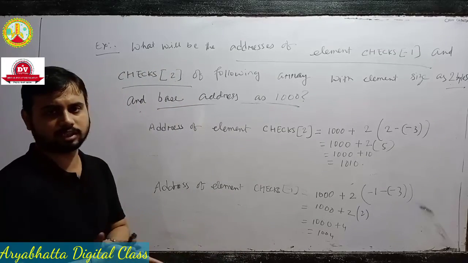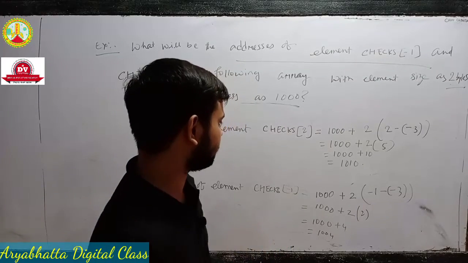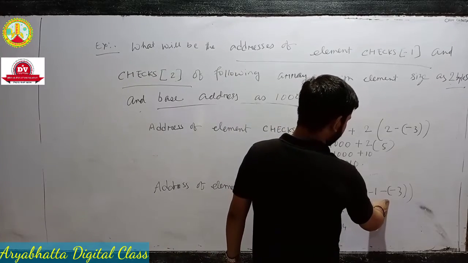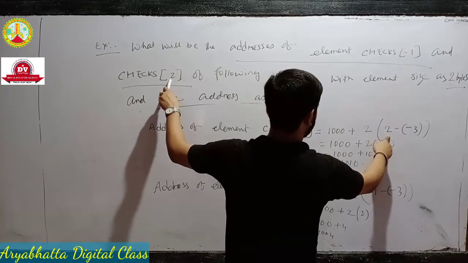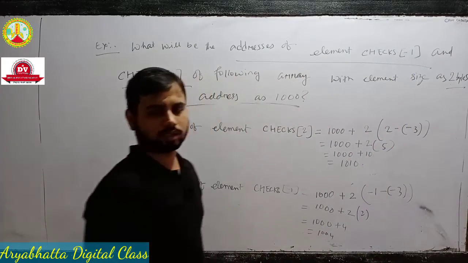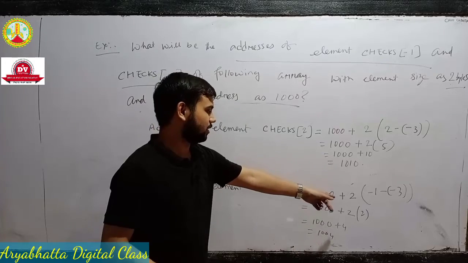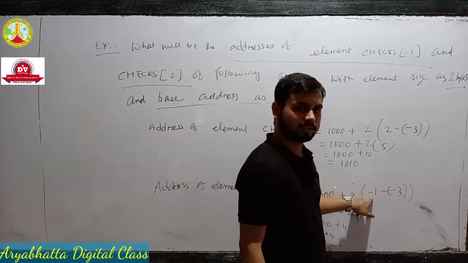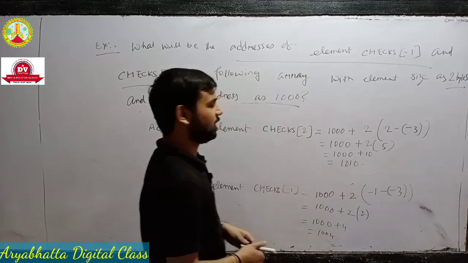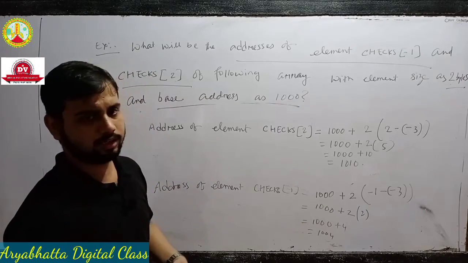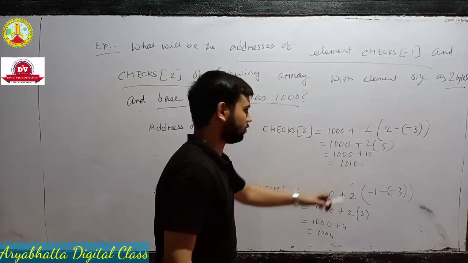I hope you remember: int is 2 bytes, character 1 byte, right? The subscripts -1 and 2 come from the question. The formula is base address plus ES times I minus L. ES means element size, I means the subscript, and L means lower bound. Lower bound is the minimum subscript, which in that array is -3. After the calculation you get 1004 and 1010.